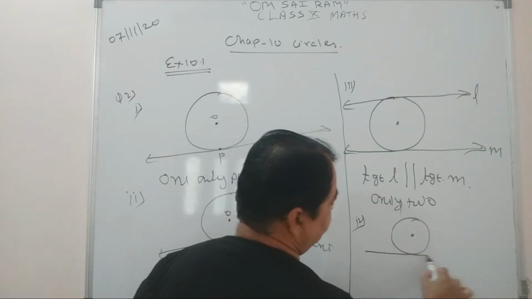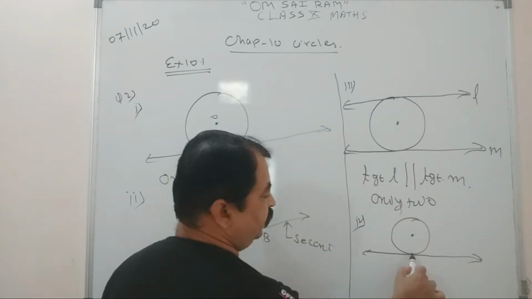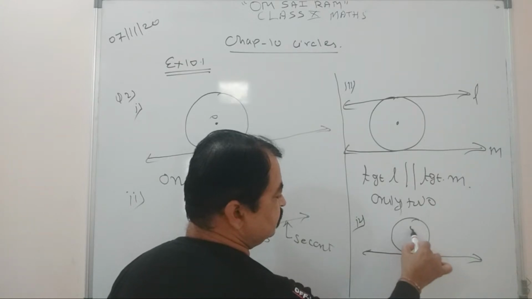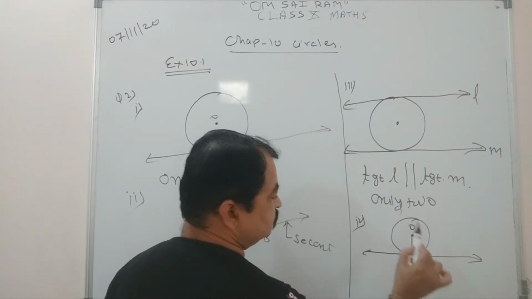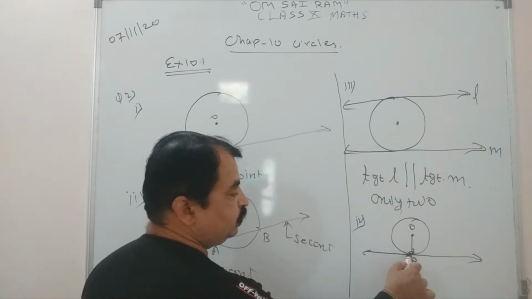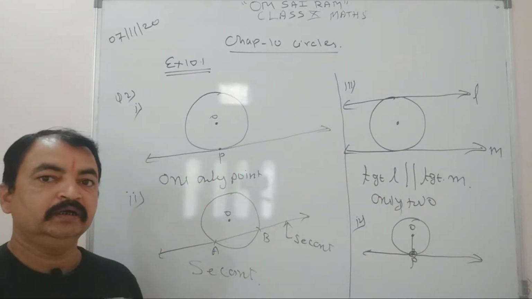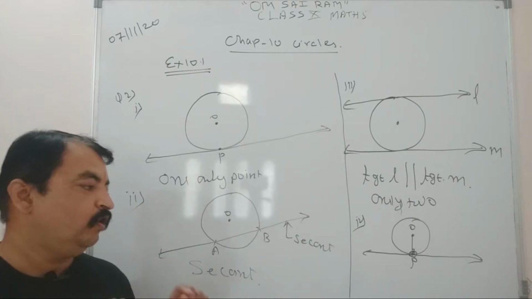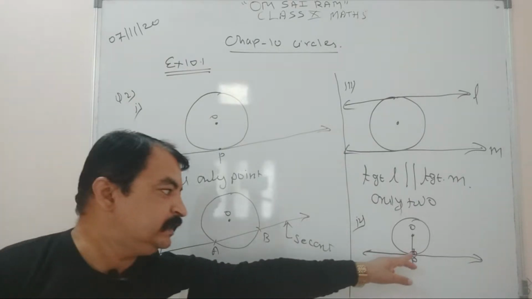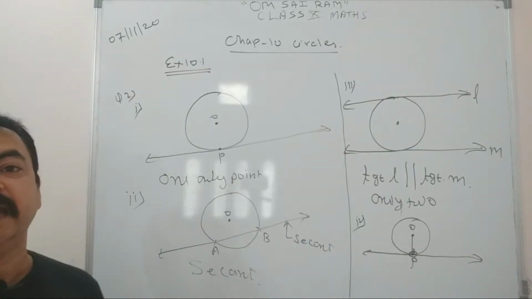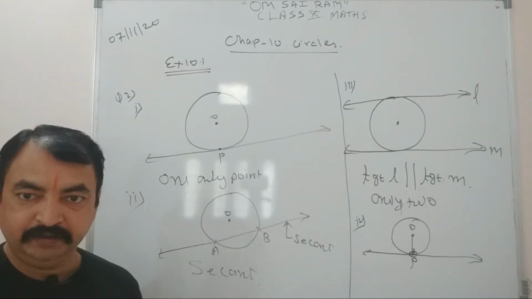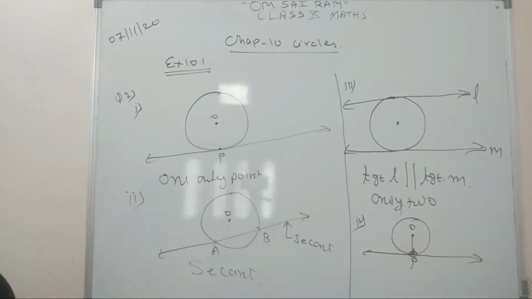This is the point of contact. This point P, this is the center O, OP radius, right? So this P is called the point of contact, which is the common point of the circle as well as the tangent, children.